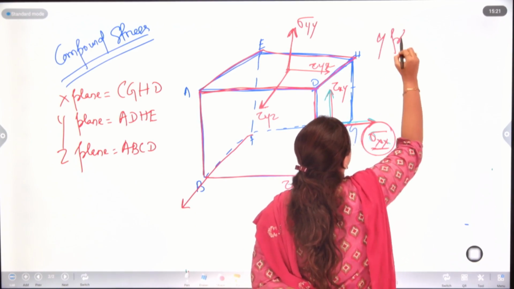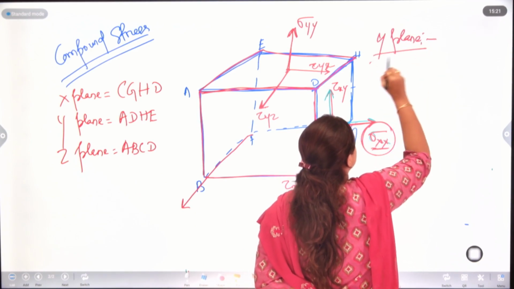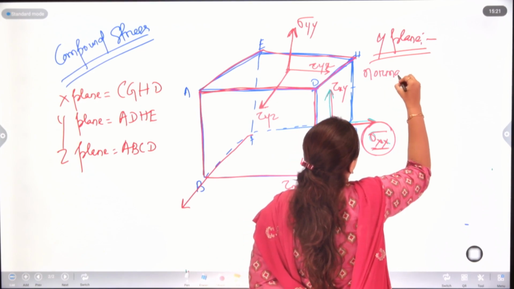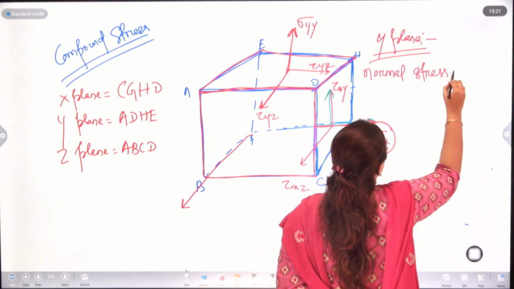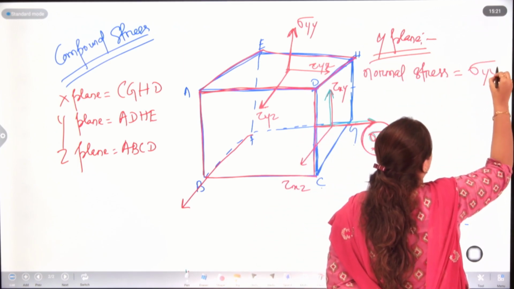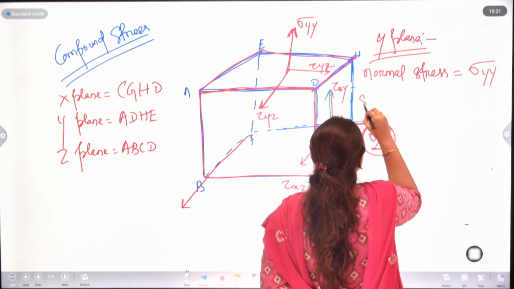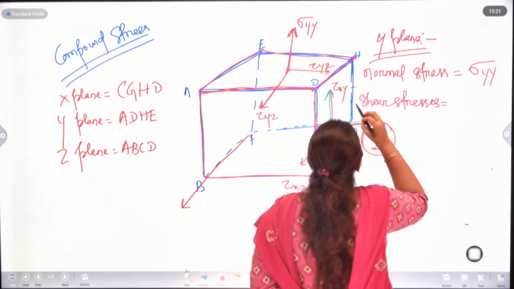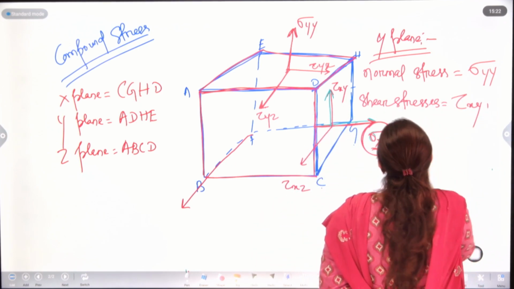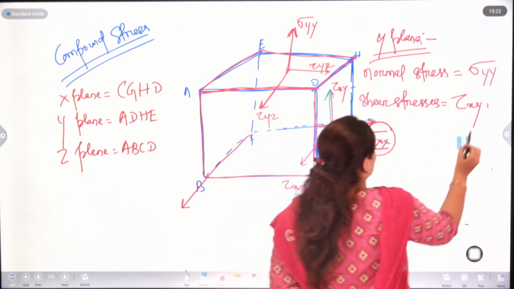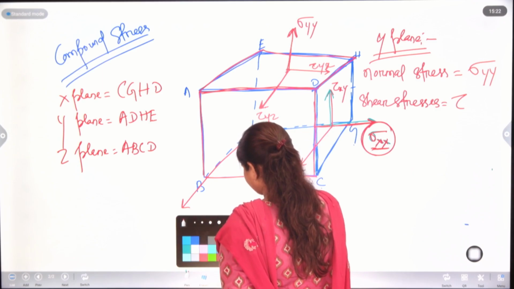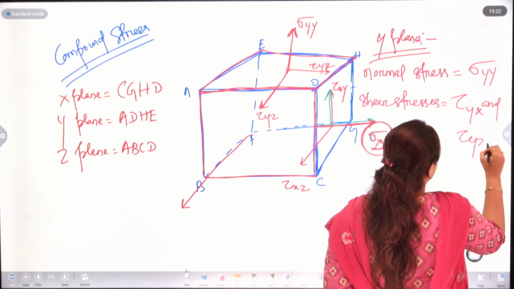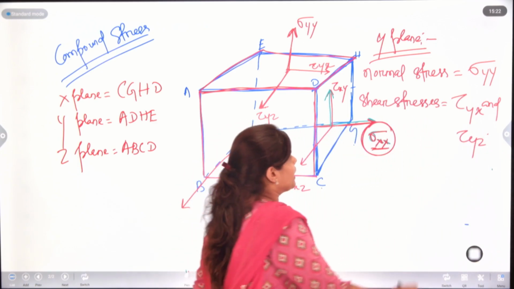So, in the y plane, or you can say in the y face, the normal stress we get is sigma yy, then the shear stresses are tau yx and tau yz.